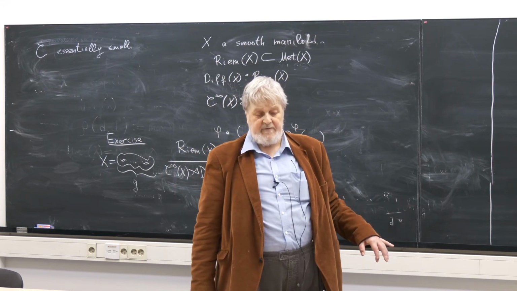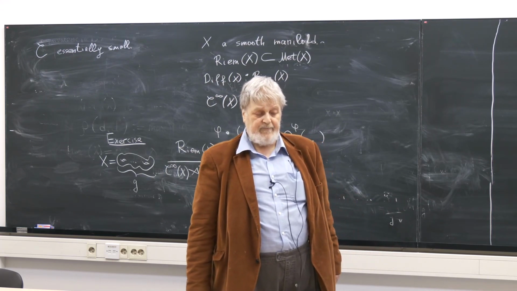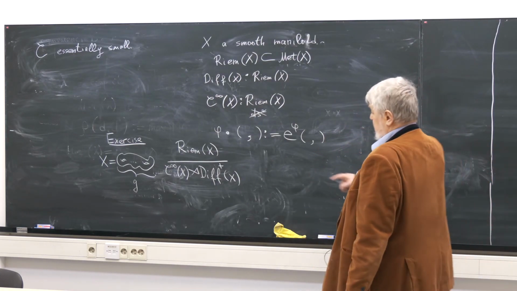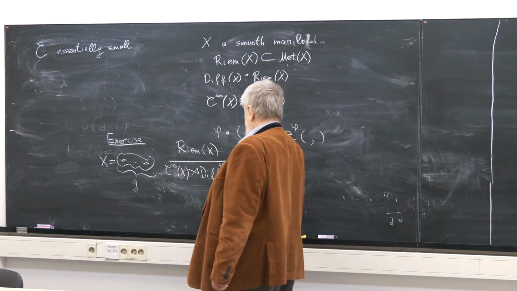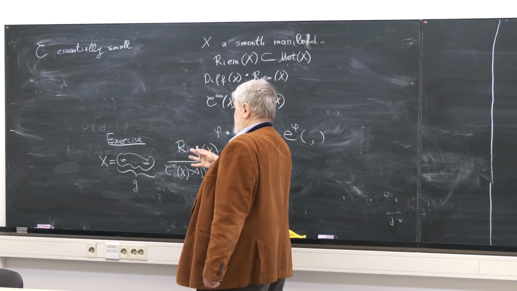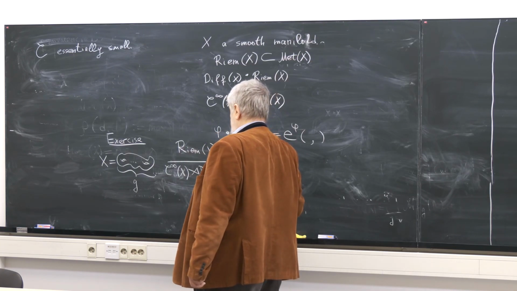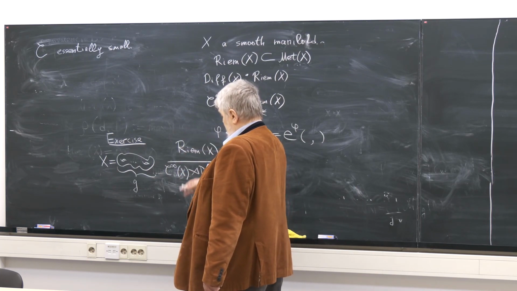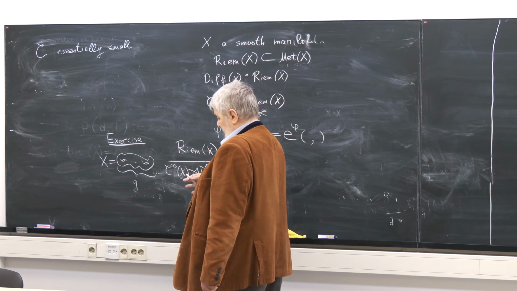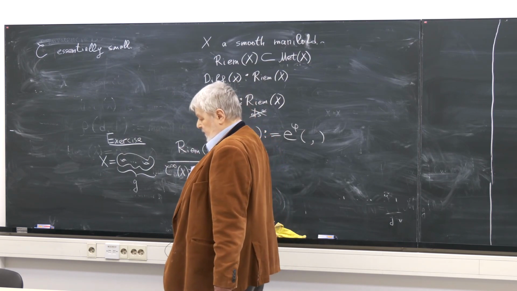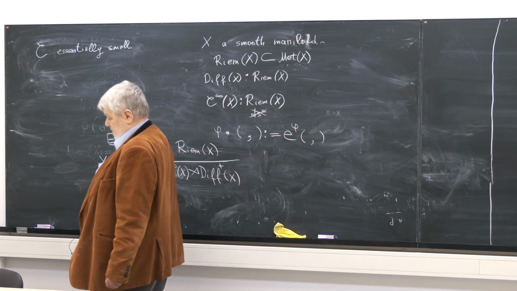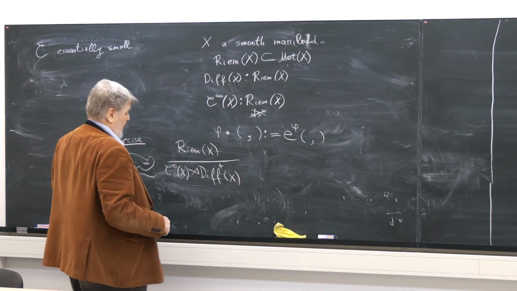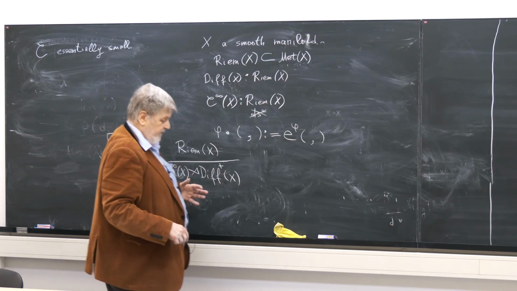However, the diffeomorphisms preserving an orientation are well defined. So we put a plus here. So in other words, we consider Riemannian metrics up to scalar modification, or in other words, we consider the conformal classes of Riemannian metrics, and up to diffeomorphism.